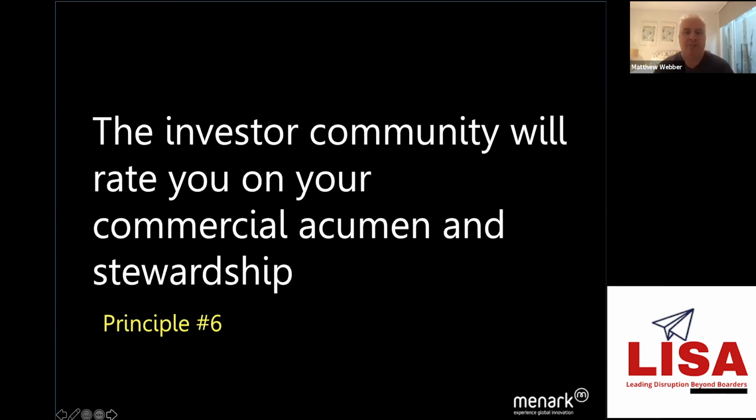And the next principle, and this is probably one of the most important, particularly as you grow past the MVP stage, is that the investor community will rate you on your commercial acumen and stewardship.